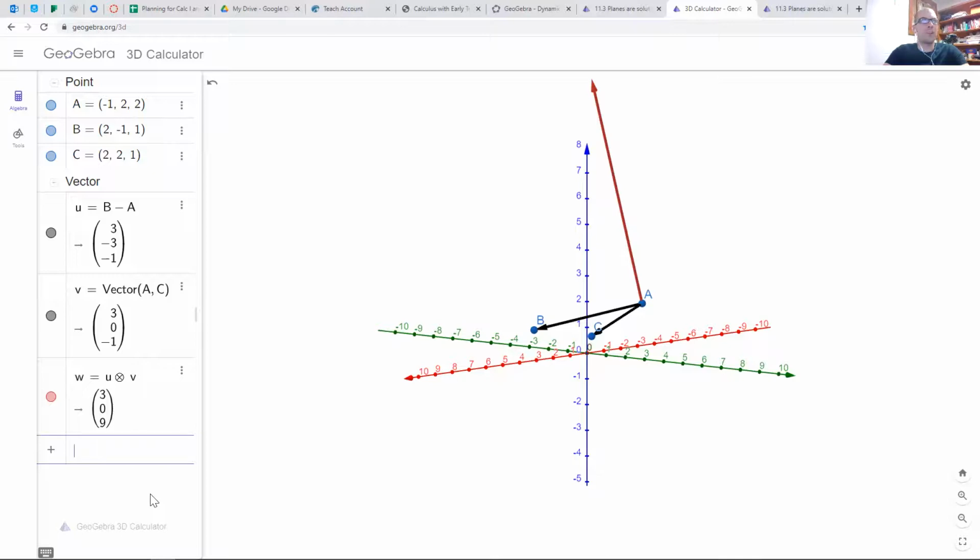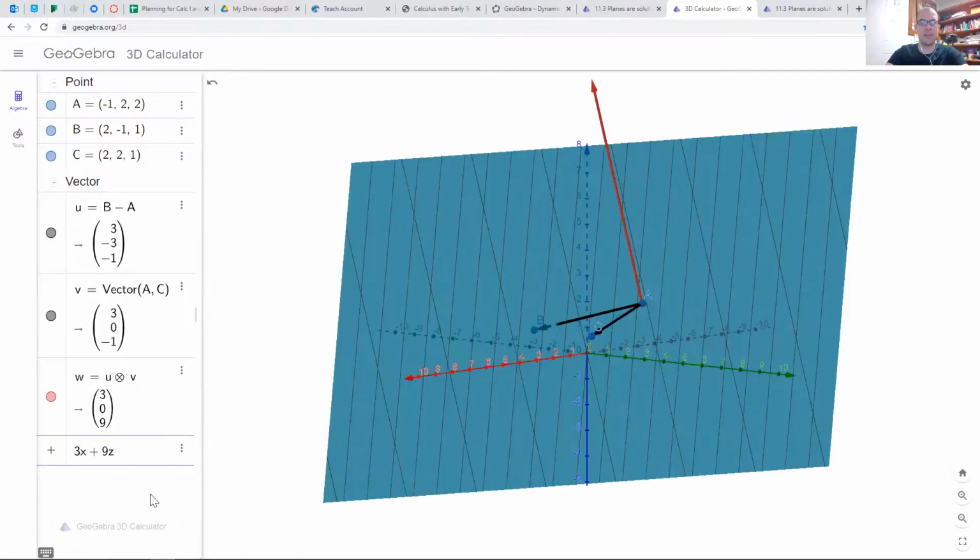One of the things that we can do is come up with that scalar equation using, we've got 3x plus 9z equals, I guess this would be the dot product between our normal vector and A. So actually we can do that, I think.